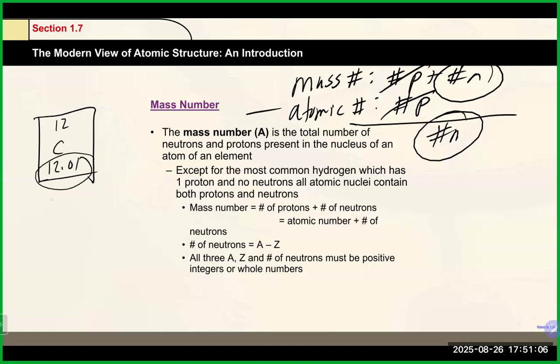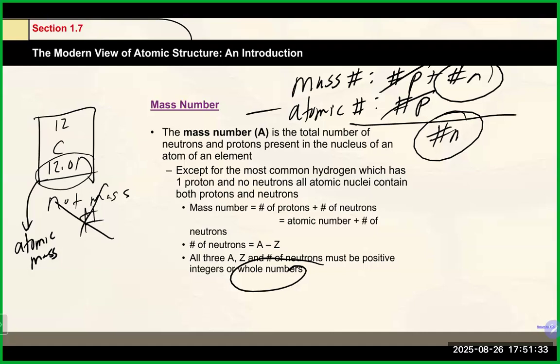This right here is not the mass number, because the definition we just talked about was they all need to be whole numbers. If you look at pretty much all those numbers on the bottom of the periodic table, most of them are not whole numbers. They're mostly decimal numbers. This is something we'll talk about later on. This is the atomic mass and also the molar mass, but it is not the mass number. So you cannot find the mass number on the periodic table. You can only find the atomic number on the periodic table.